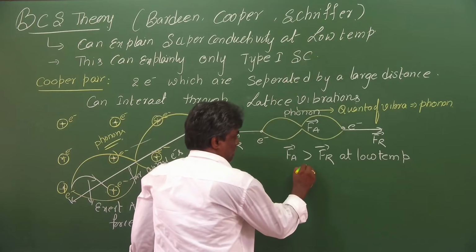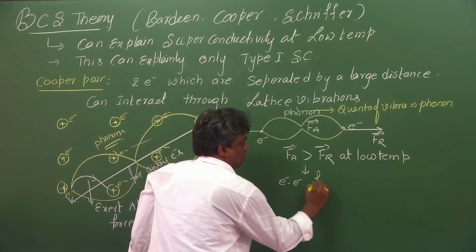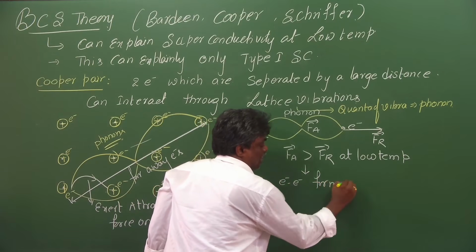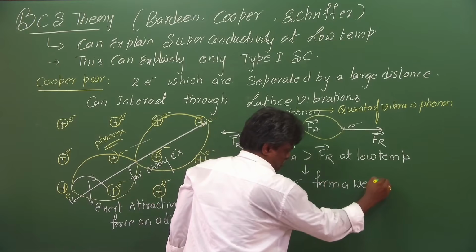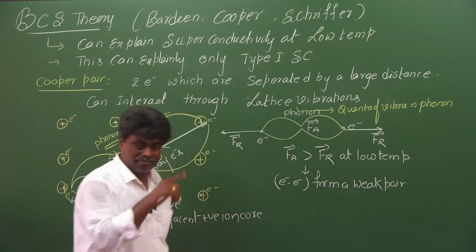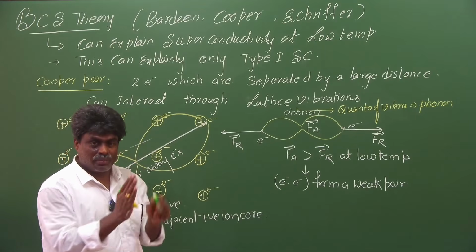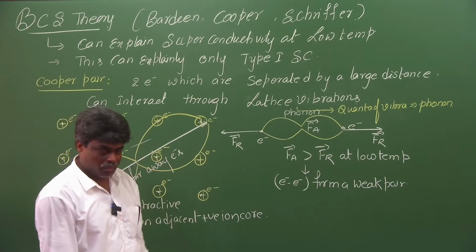Hence the electron and electron form a weak pair. Yes, a pair, but the bonding is weak. If you increase the temperature, it's gone. That's why it is only possible at a low temperature.